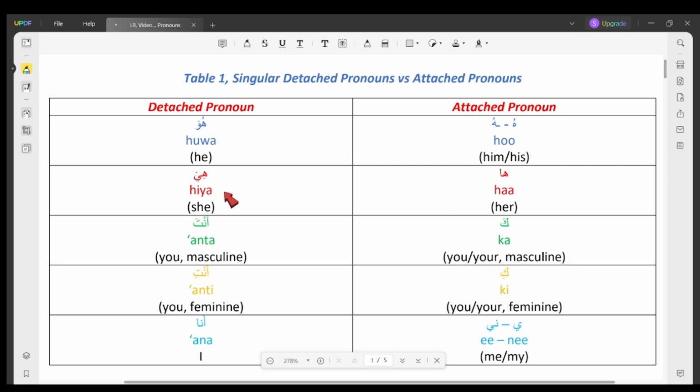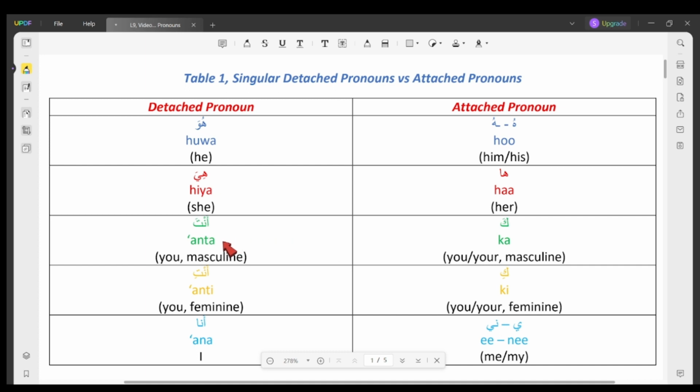Now let's look at the second one. Hiya, she. And on the right, ha, her.